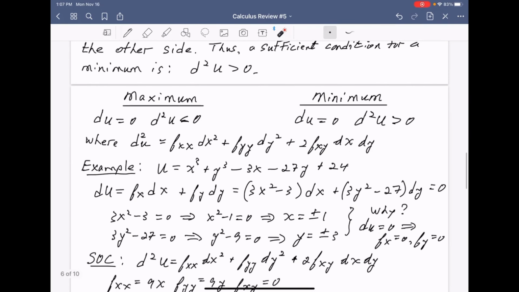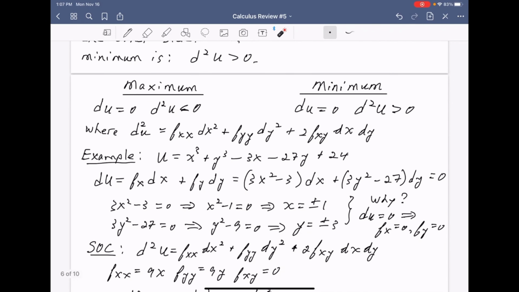So consider the following example: u equals x cubed plus y cubed minus 3x minus 27y plus 24. The total derivative is f of x dx plus f of y dy, which is 3x squared minus 3, plus 3y squared minus 27 dy, equals 0.